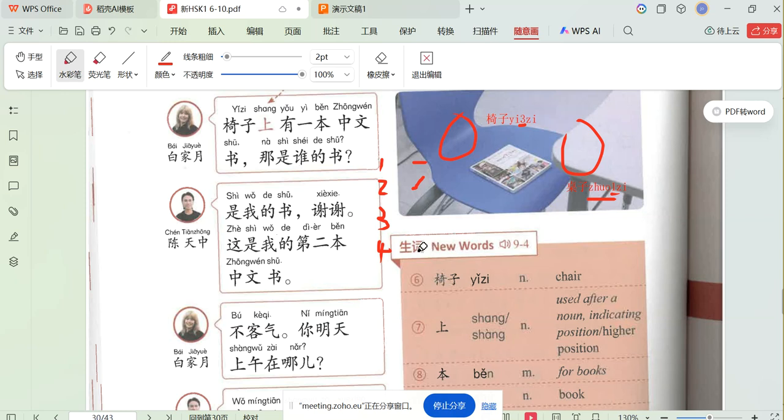For example, here, 谁, 文. If I write 3, it means the third tone. Your tone should go down and raise up.